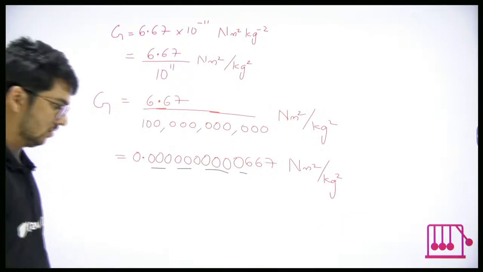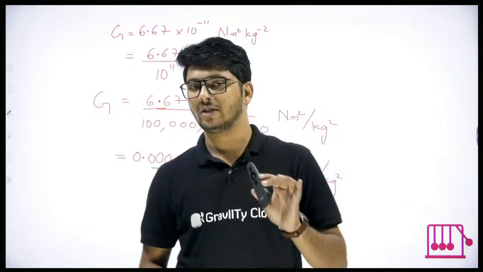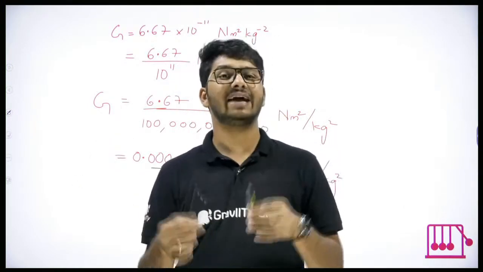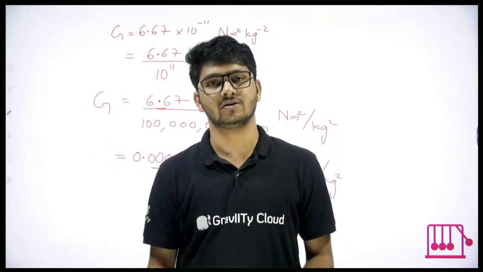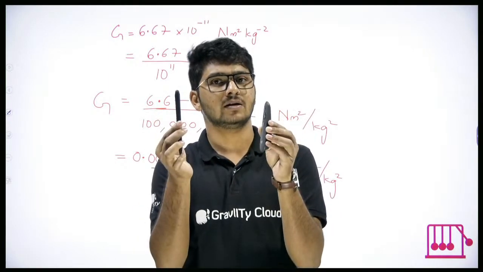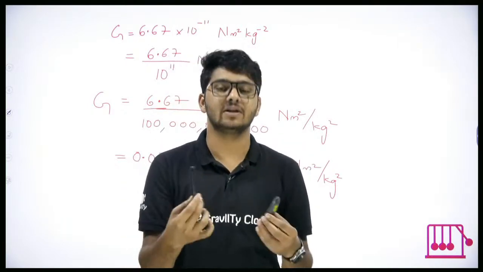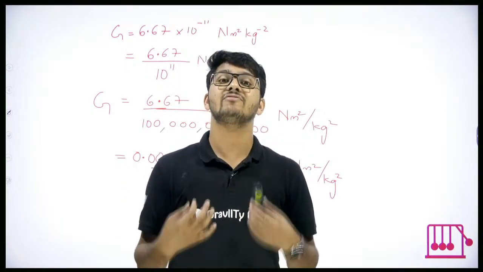Now, why is that important? Because the law tells us that between every two objects there is gravitational force. So between the remote and the pen, there is gravitational force. But why can't we feel it?